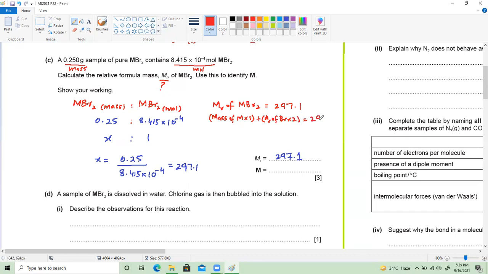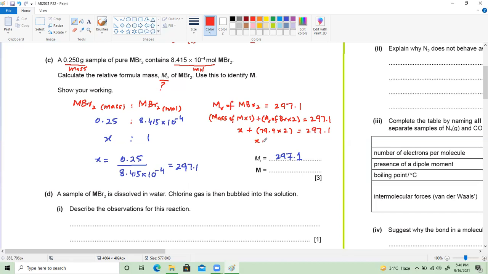And when we sum it up, it should turn out to be 297.1. So the Ar of M is unknown, and multiplied by 1, it should stay as X. The relative atomic mass of bromine from the periodic table is 79.9. And we have to multiply it with 2 as well. So this is equal to 297.1.